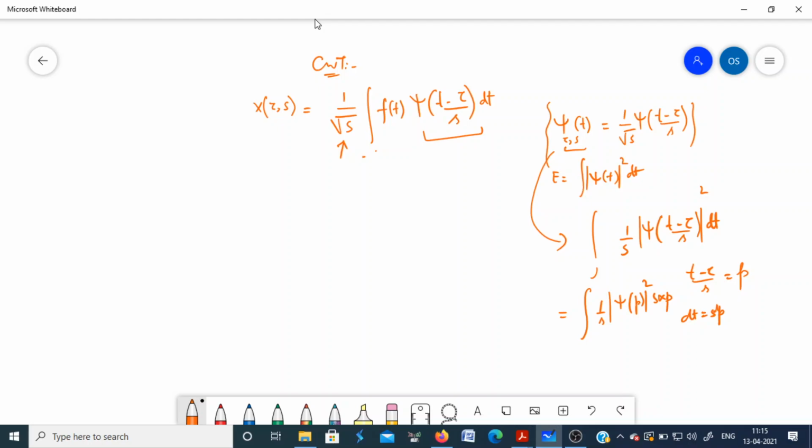Okay, so this s gets cancelled, and you get again equal to E.